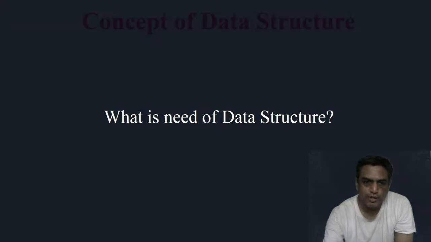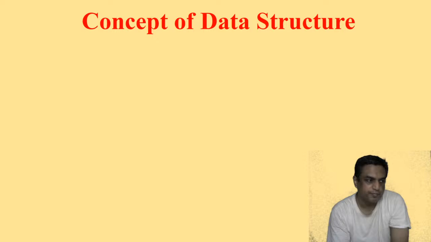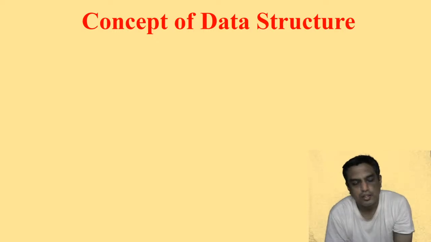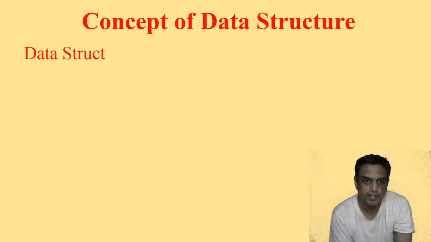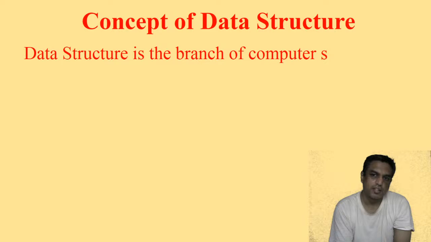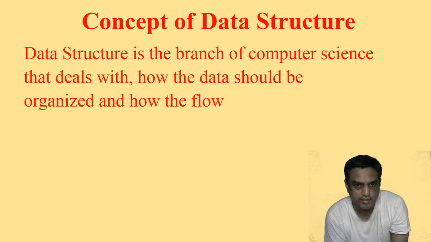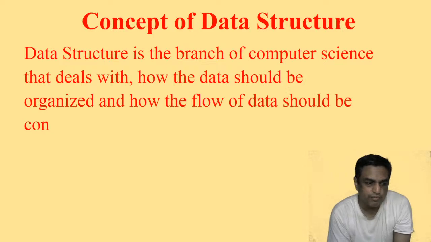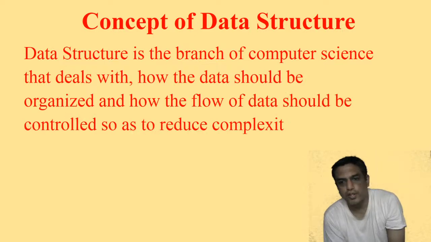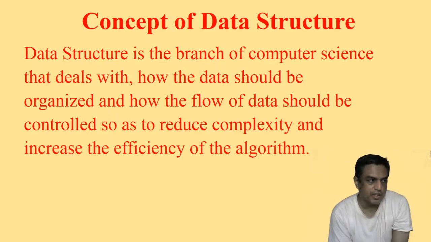Up till now, we have seen the concept of data structure and its definition. Data structure is the branch of computer science that deals with how the data should be organized and how the flow of data should be controlled so as to reduce the complexity and increase the efficiency of algorithm, right?